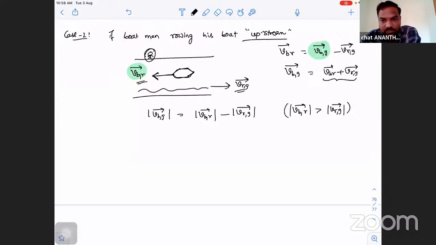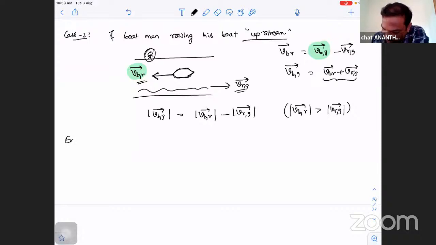Ganesh is also completed. Vishnu has also completed. Yeah, most of the questions completed.